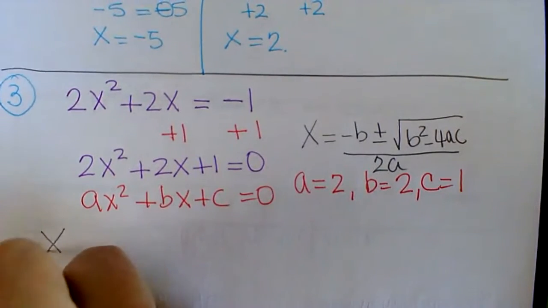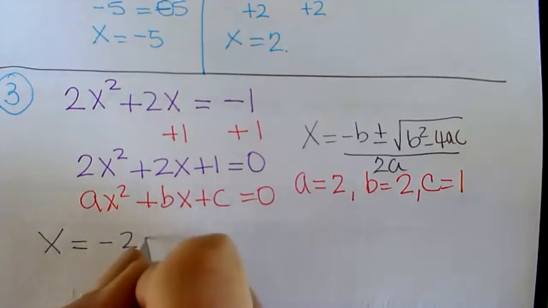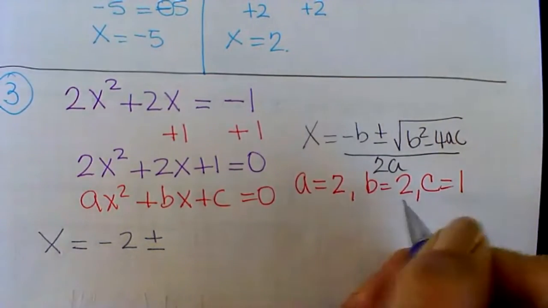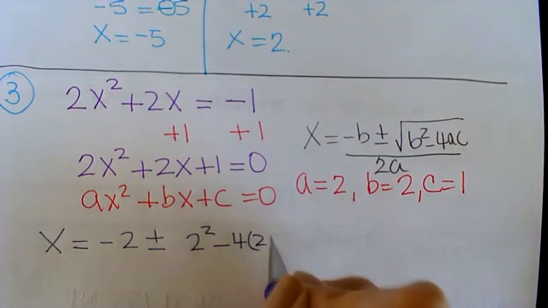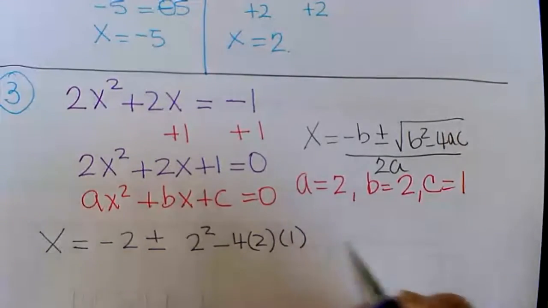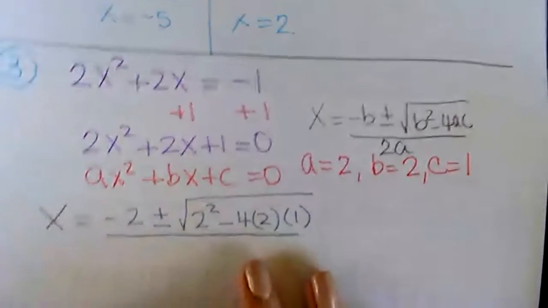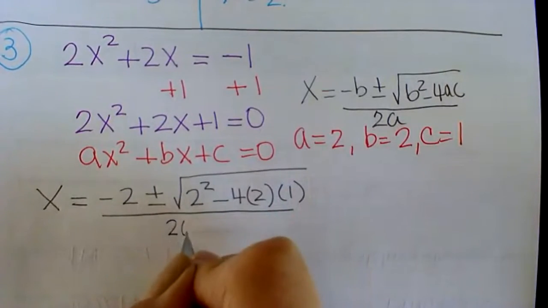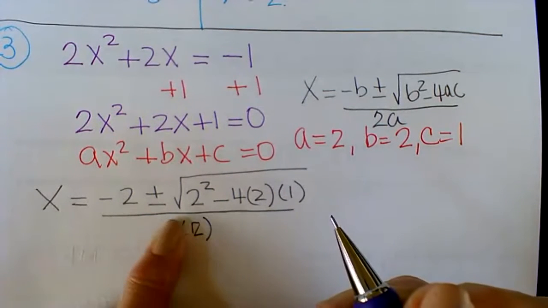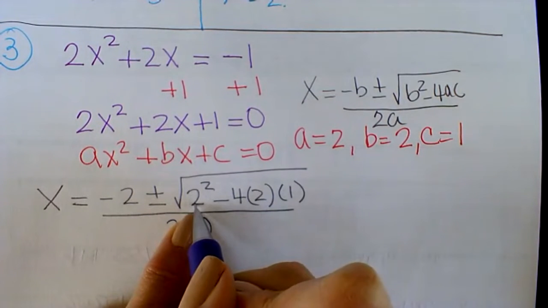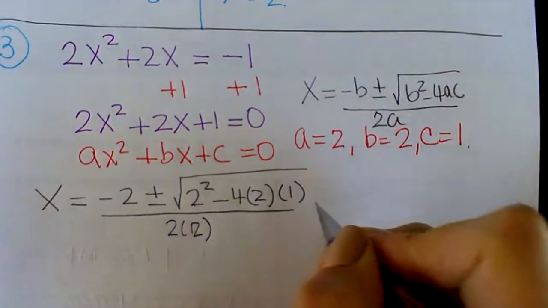So we have negative b, which is negative 2, plus or minus the square root of 2 squared minus 4ac, divided by 2 times 2. So b squared minus 4ac.